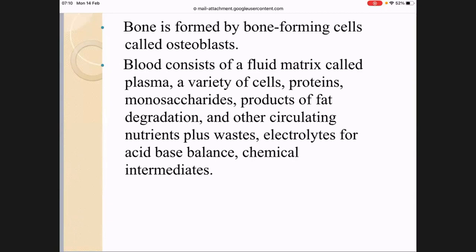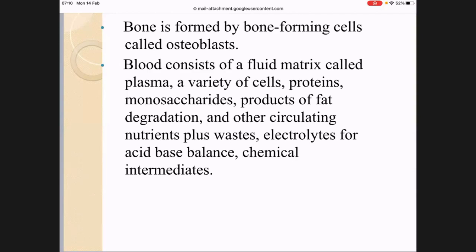After some time, when you rotate it in a centrifuge, you get the serum separated. Not only with a centrifuge, even if you just keep it outside for some time, the top part will be pale yellow. That is the serum.